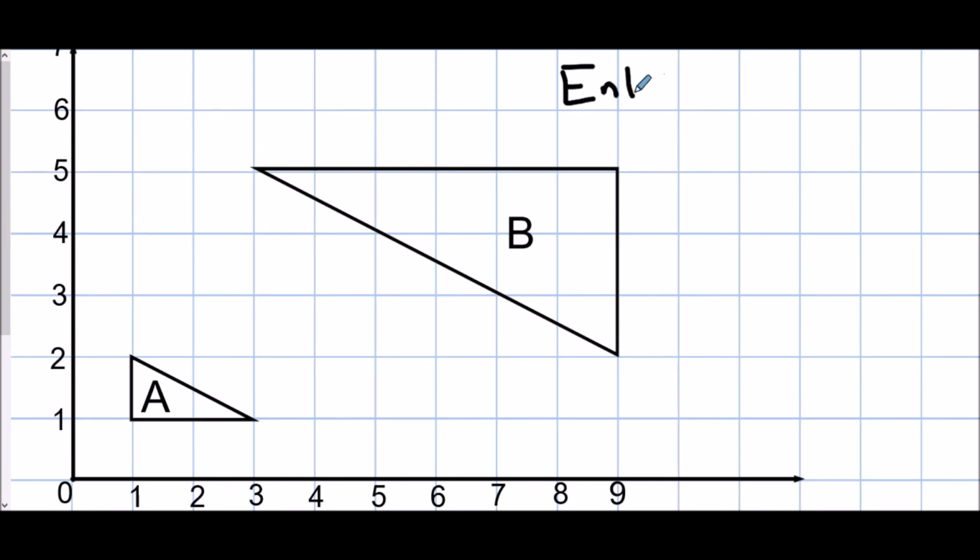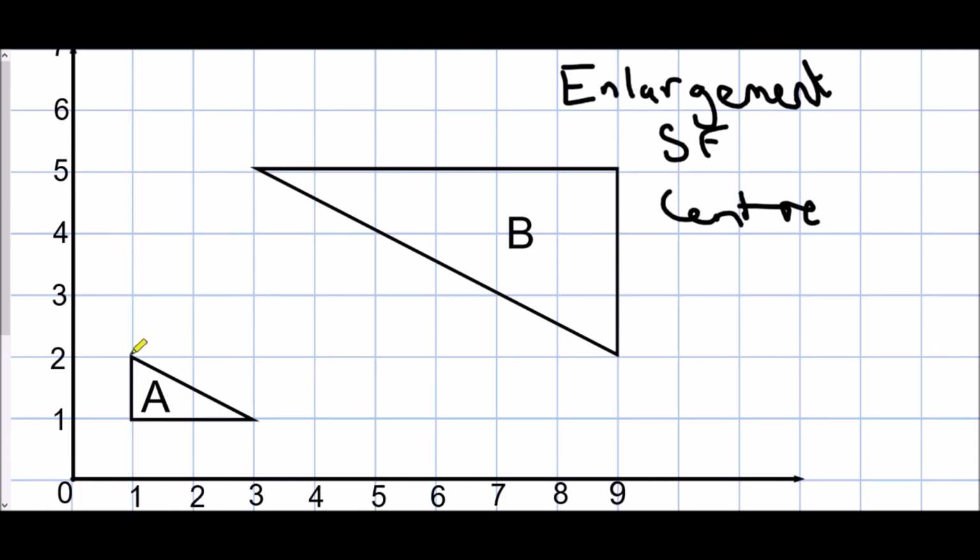The next part, though, is that, as always, in order to describe an enlargement, we need 2 other things. We need a scale factor and we need a centre. And for that, what we're going to need is our rays. And in this case, in order to work out where the centre of enlargement actually is, we need to make sure that we are connecting the corresponding corners.